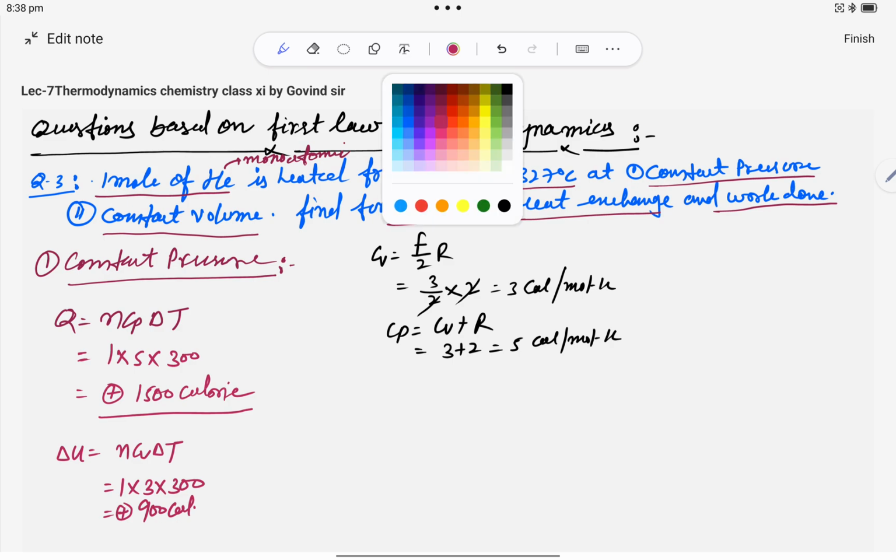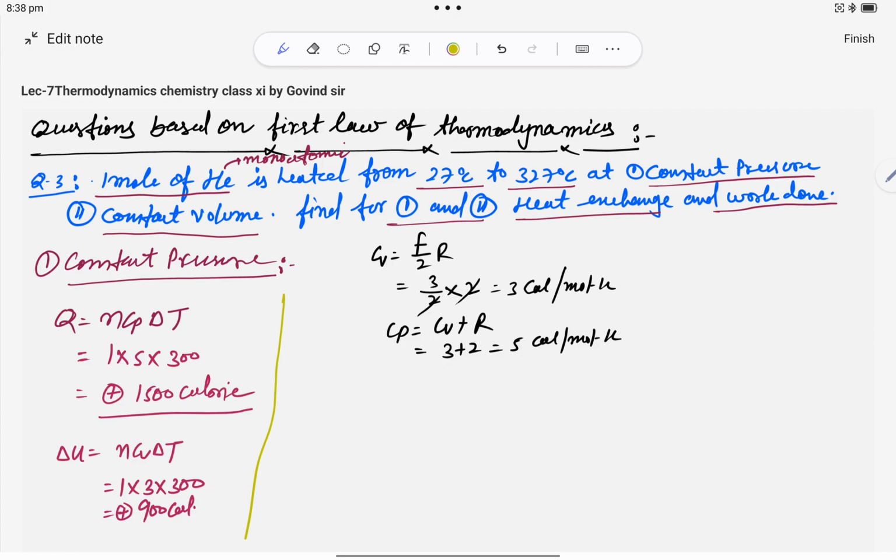By the use of the first law of thermodynamics, delta U is equal to delta Q plus delta W. So delta W is equal to delta U minus delta Q. Delta U is 900, delta Q is 1500.